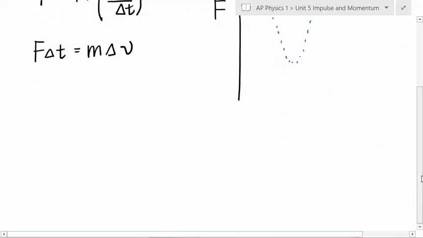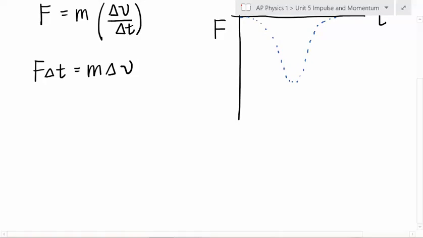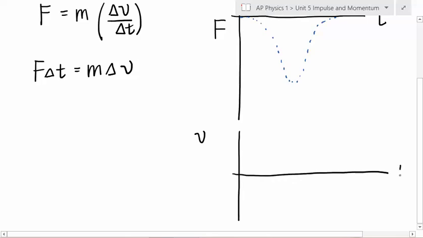And then your velocity graph looked like this. And hopefully you saw that it started with a positive velocity, had a maximum negative slope, and then went like that.